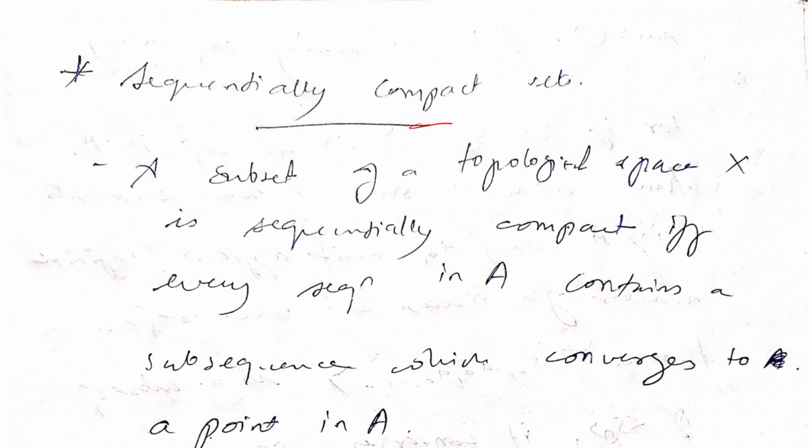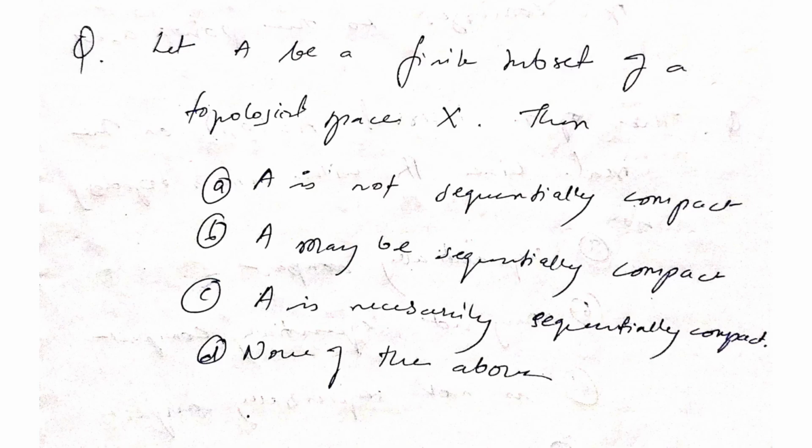If this is clear, the first question is: let A be a finite subset of a topological space X, then A is not sequentially compact, or A may be sequentially compact, or A is necessarily sequentially compact, or none of the above. Which of these will be true? As you have gone through the definition, what will be the correct answer?